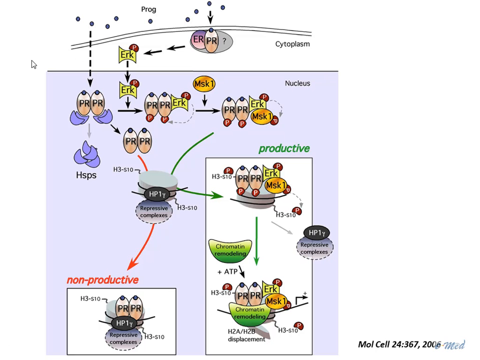That causes ERK activation, and then a portion of ERK moves to the nucleus. It phosphorylates nuclear PR, which recruits a kinase called MSK1, and this complex then phosphorylates repressive chromatin complexes, removing them from the level of the gene promoter, and as a result, many genes can then productively be upregulated.